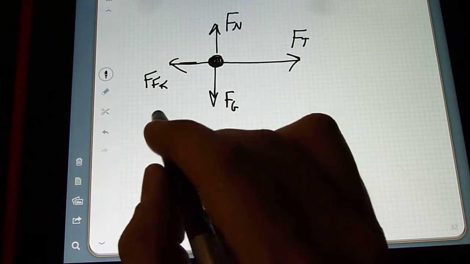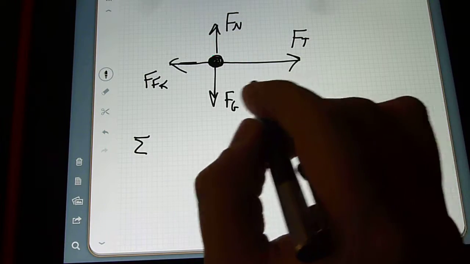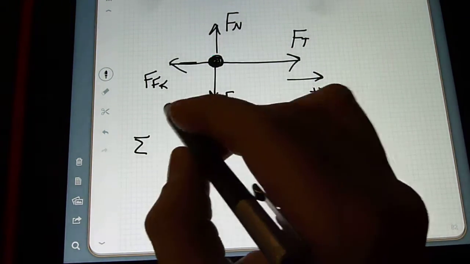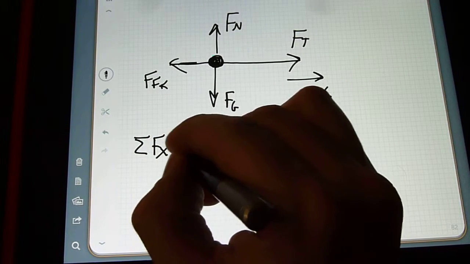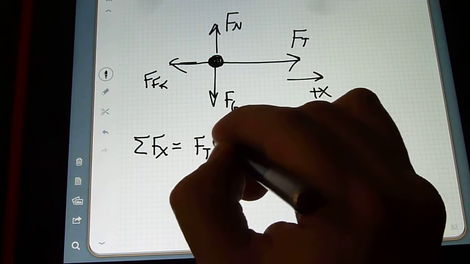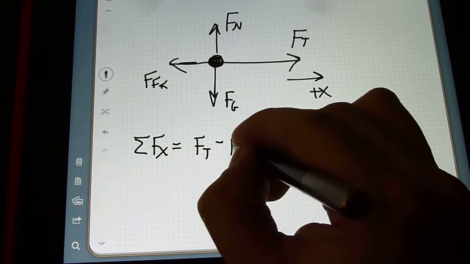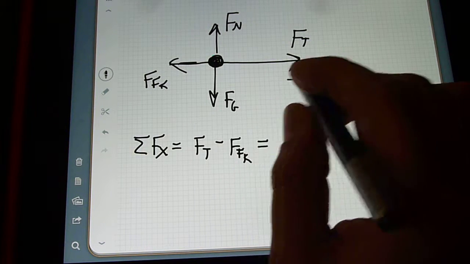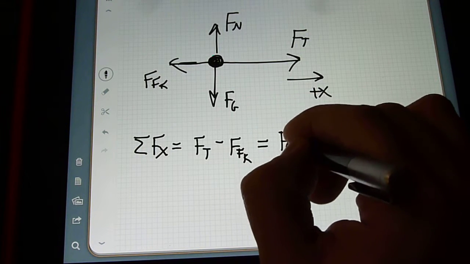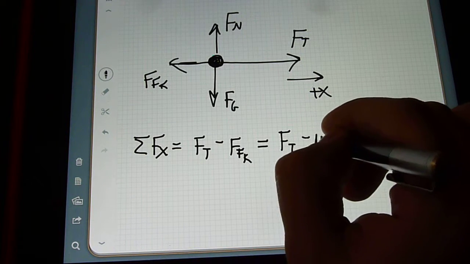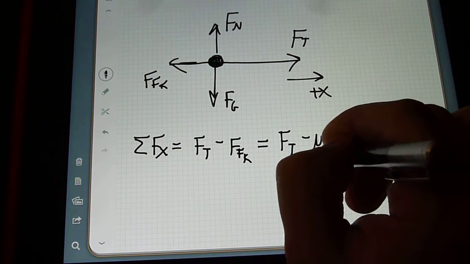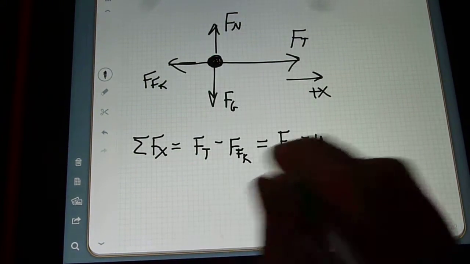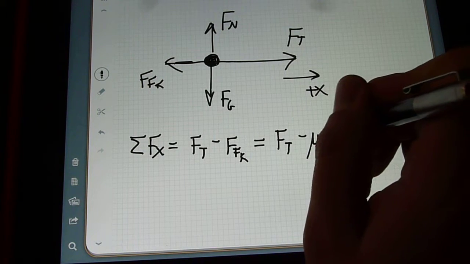My Newton's second law equations are again going to be things that we've seen before. Let's take this direction to be positive x. In the x direction, the sum of forces is the tension force minus a kinetic friction force. That's the tension force minus the coefficient mu sub k sub A, because I've specified block A and block B as having different coefficients of kinetic friction, times the normal force.